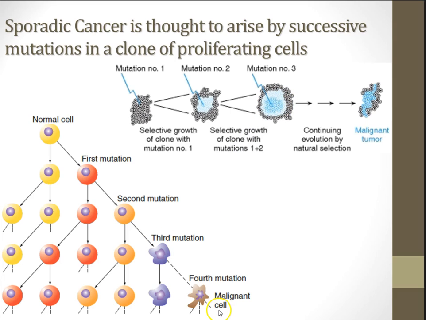Eventually we come to a mutation that gives that cell a superpower to be malignant. So it has now evolved and evaded all of the body's checkpoints, all of the molecular checkpoints that help keep overproliferation in check.